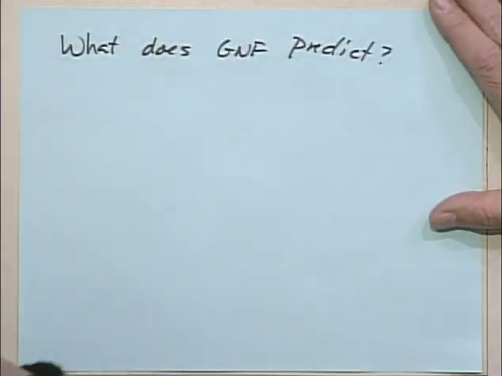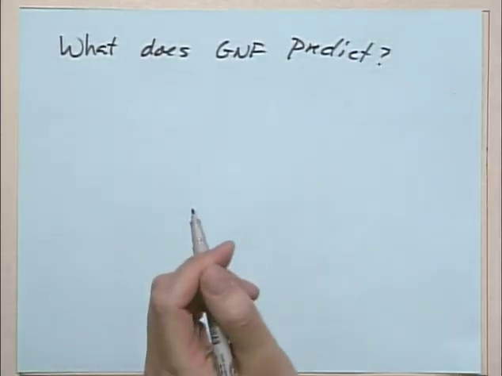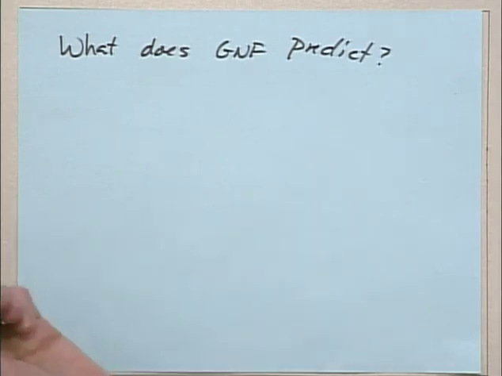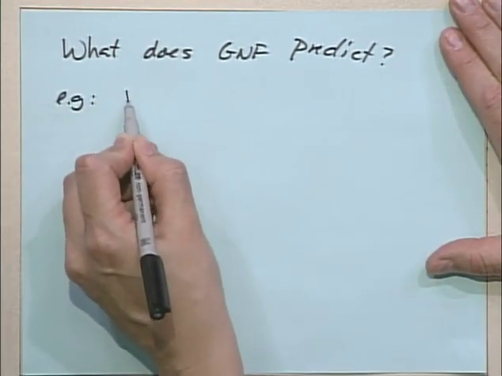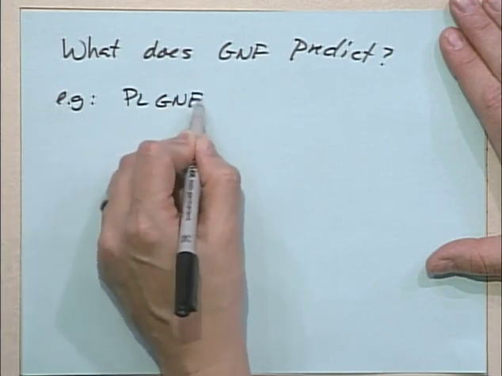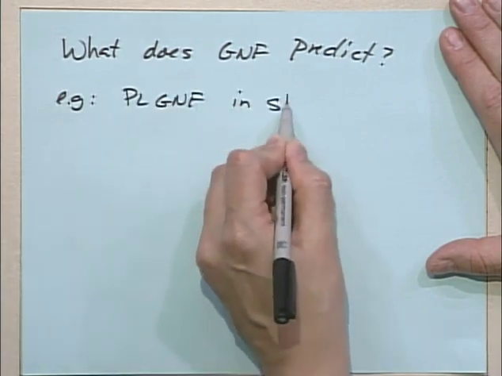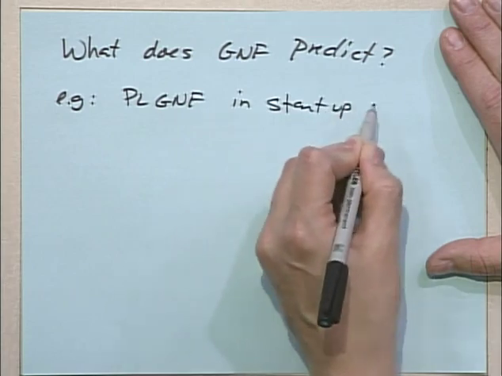So I think I asked you to do some of this in the homework. For instance, let's try startup of steady shear. Let's look for the power law generalized Newtonian fluid in startup of shear.